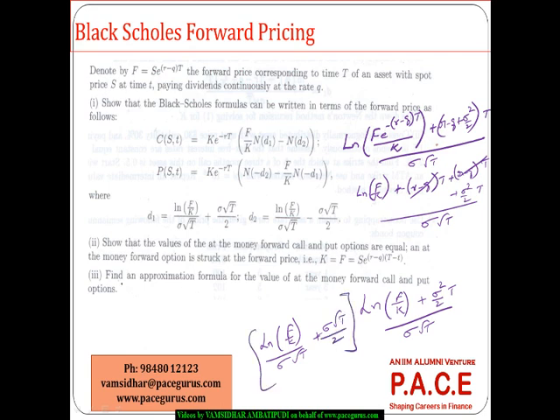So this is where d1 is coming up, and d2 obviously is d1 minus sigma root T.